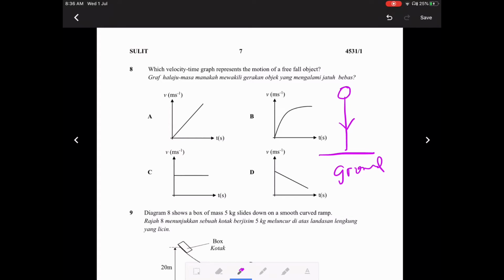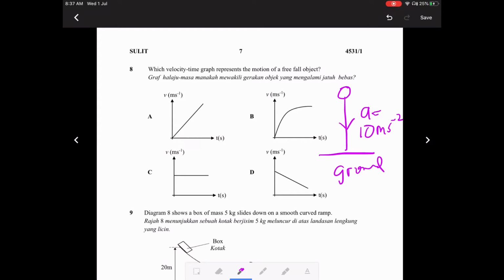So, bila nilai tarikan graviti tu ialah constant 10 kan, maka pecutan gravitinya akan jadi pecutan graviti, iaitu 10 meter per second per second. So, secara constantly, dia akan jatuh dengan acceleration 10 meter per second, which is constant.